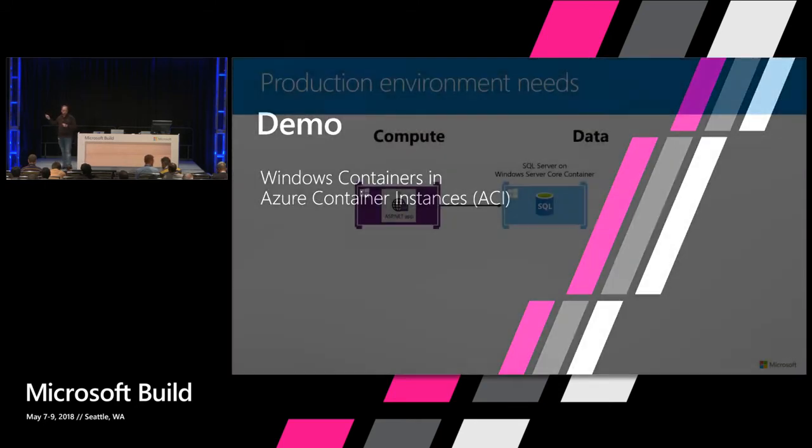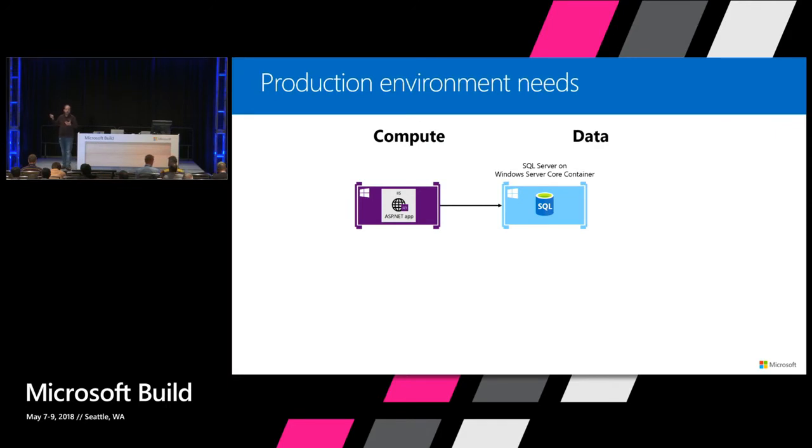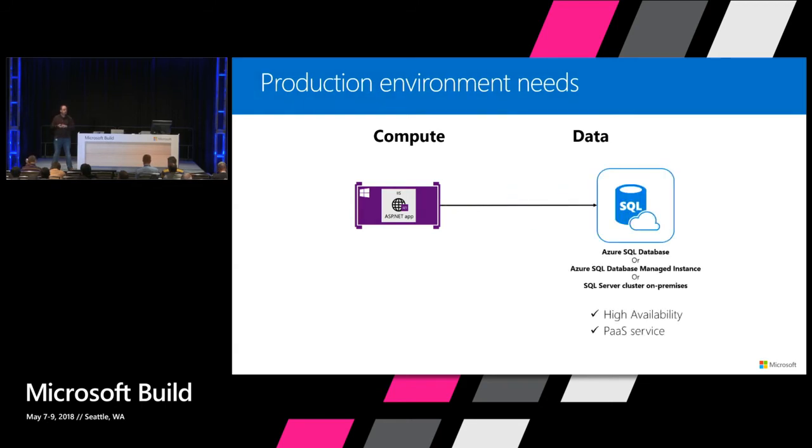So next thing is, okay, now I want to move to production. So what do I need? First of all, about the data, instead of having a SQL container, you would move that into SQL database or any high availability system like a cluster or managed instance in SQL.